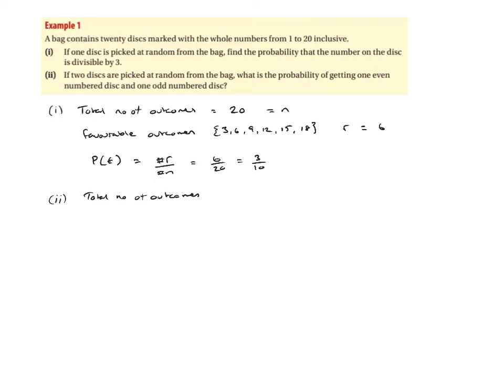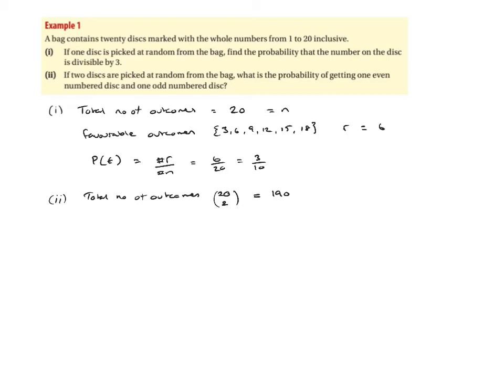So hopefully you can see here that we have 20 outcomes, or n is equal to 20. And what we want here is to choose 2. It doesn't matter what order they're in, so we just want 20 choose 2. And if you put that into your calculators, you'll find that that's 190 different ways of that happening.